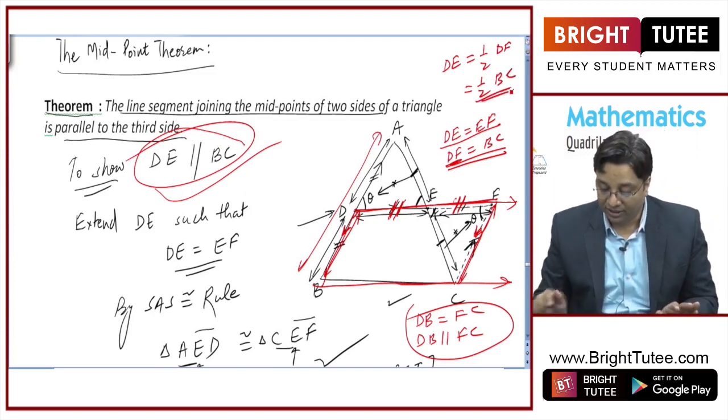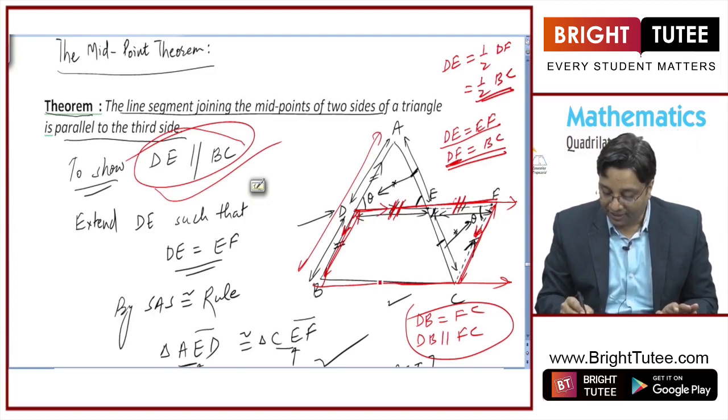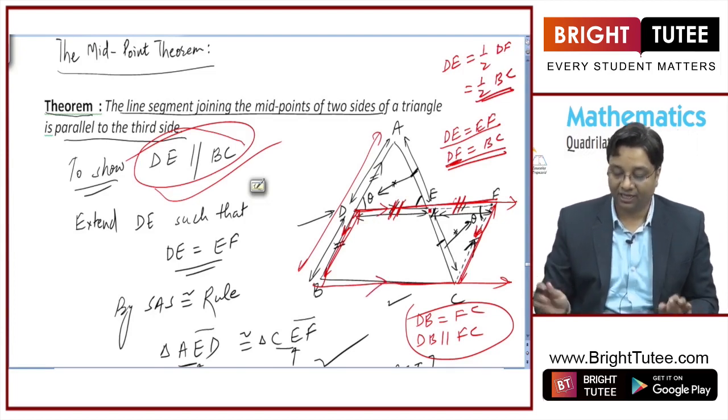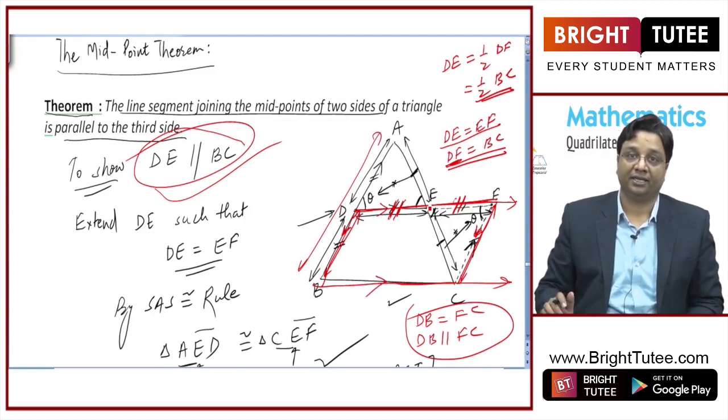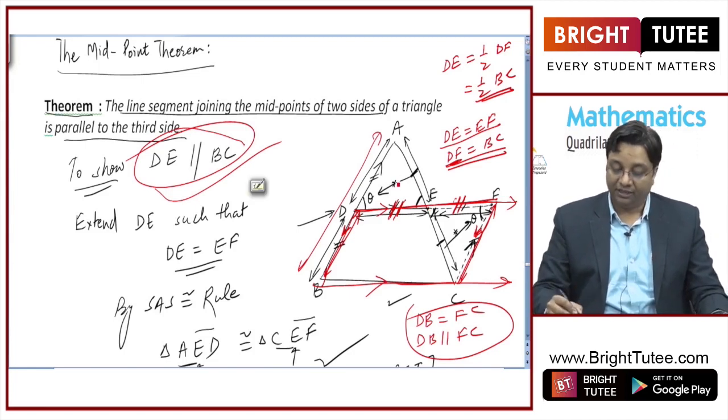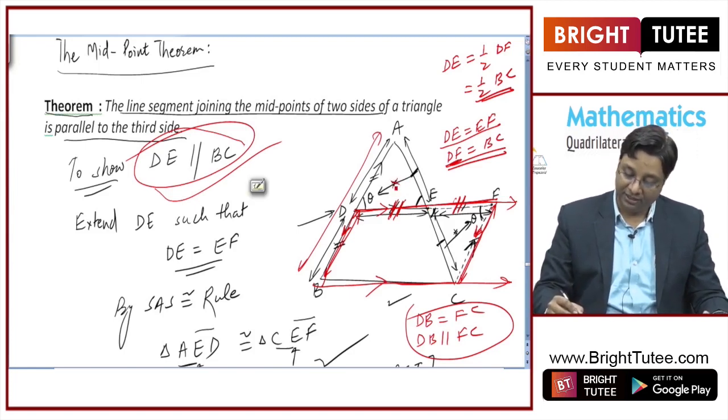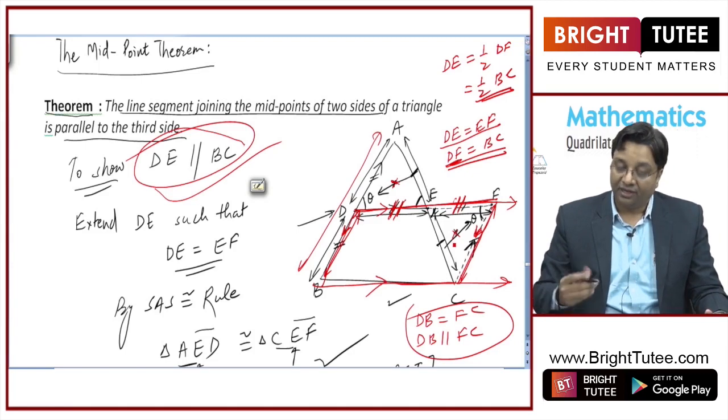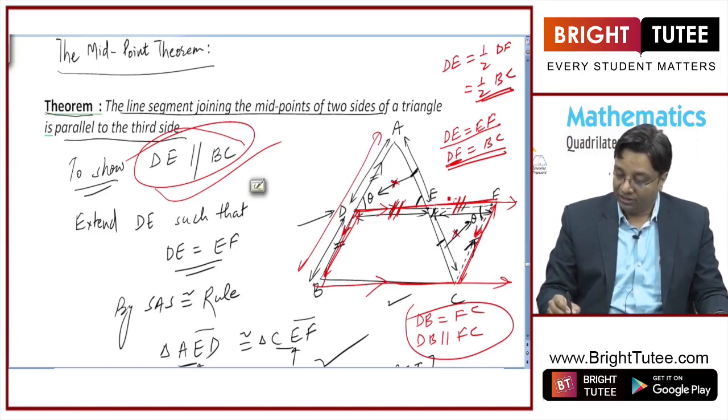So what I have shown you here is that DE is parallel to BC and DE is half of BC, right? And how did I do that? By proving that these two triangles are congruent. How did I do that? I took EF equal to DE.